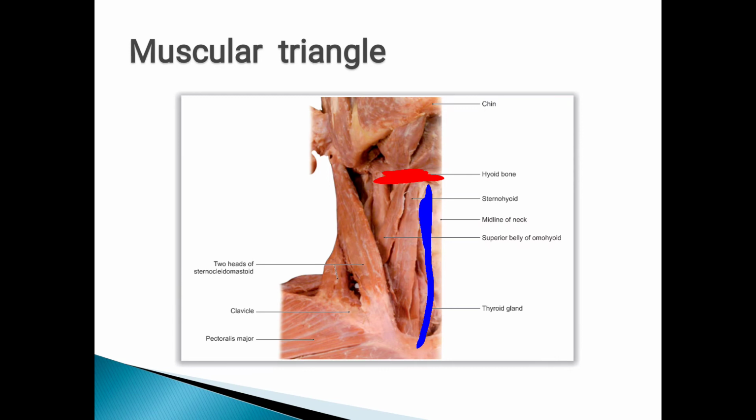Okay, so here you can see this muscle which I am marking with yellow is the superior belly of omohyoid, and this muscle is the anterior border of sternocleidomastoid muscle. So you can see a triangle is formed here. This is the muscular triangle.